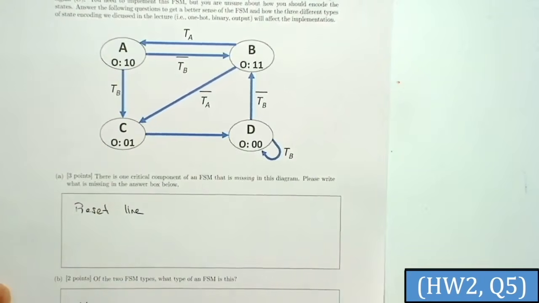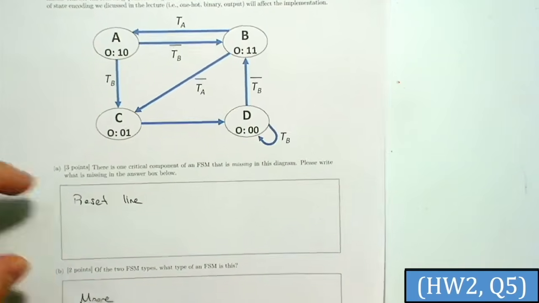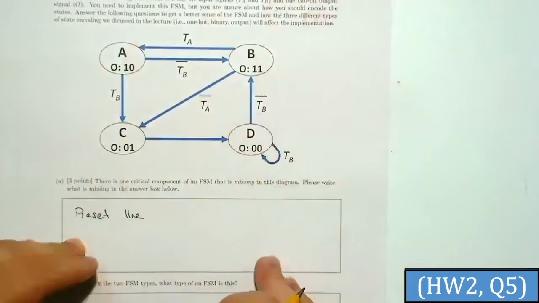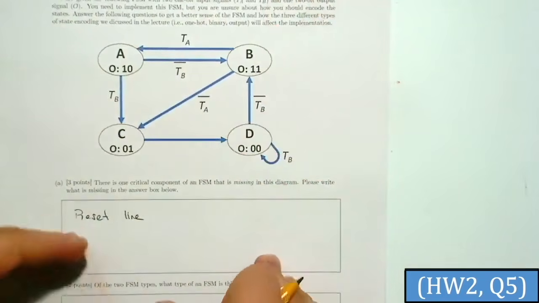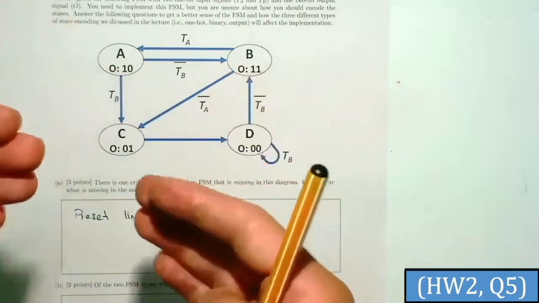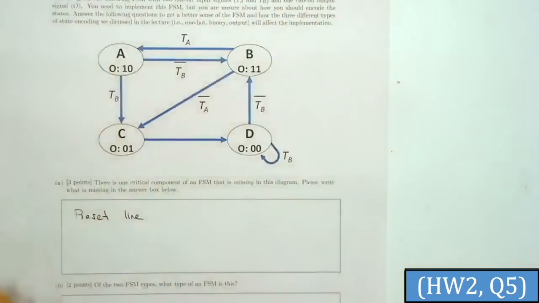Yes, this is true. But couldn't we also just have an initial state without a reset line? I doubt so, actually. For the representation, yeah, you can say that this is our initial state, but to really have it as an initial state, you should make sure that when you start this FSM, it's really going to be the initial state, right?